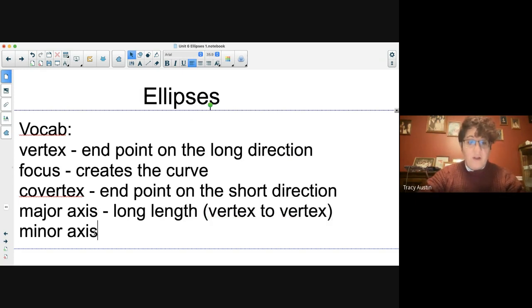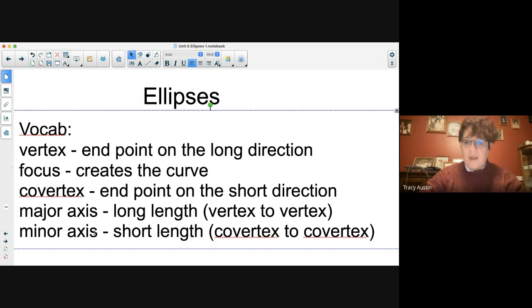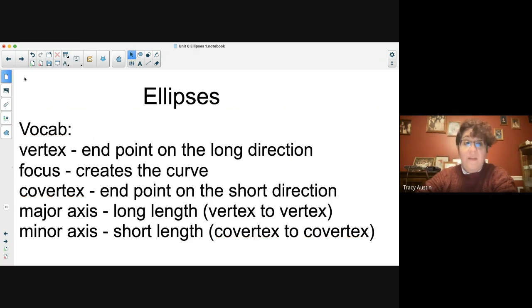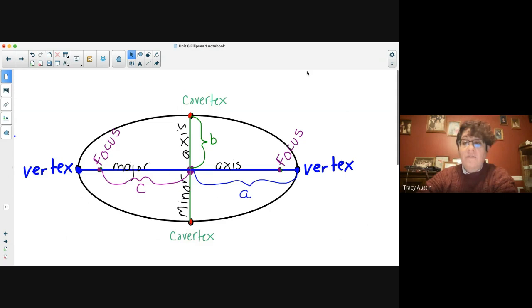Okay, and then the minor axis is the short length, and we're going to get a picture of this. And this is co-vertex to co-vertex. Okay. So again, major vocabulary that you need, and then again, pause whatever you need to do to fill this in, and then the actual picture of the ellipse.